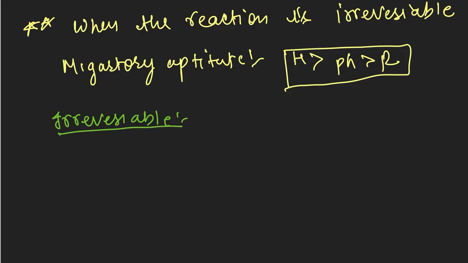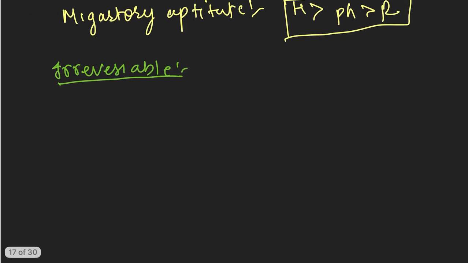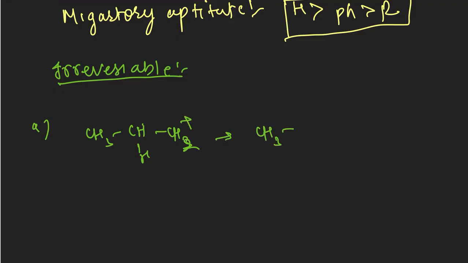So in irreversible reaction A, we have CH3 CH plus H and CH3 CH2 plus. Here hydride has to shift because the migratory aptitude of hydride is more than methyl.